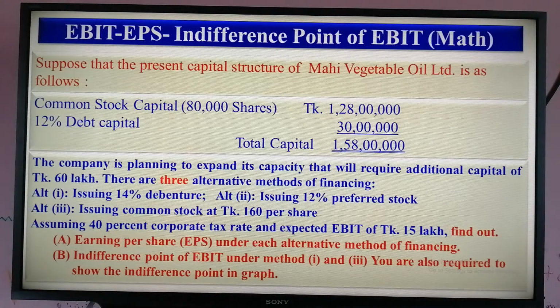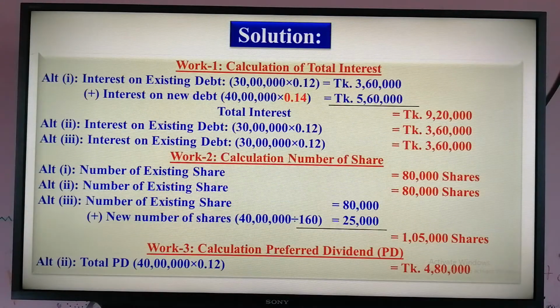So how can we solve it? My dear student, look, first you have to work out 3 things. Work 1, total interest. Work 2, total number of shares. And work 3, preferred dividend. As you know, there are 3 sources, so we have to find 3 things. When you calculate total interest, always remember, in all alternatives the existing interest will come.